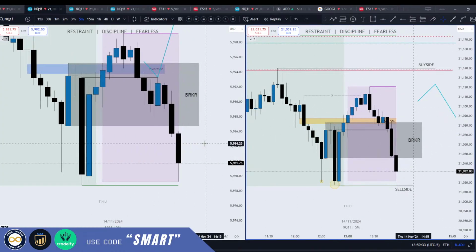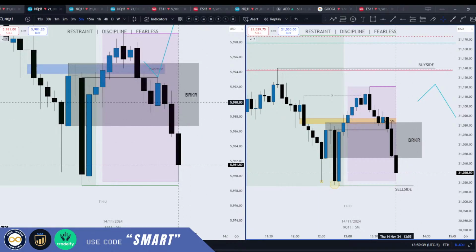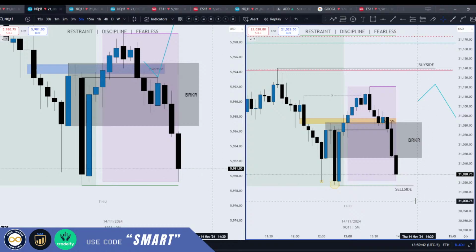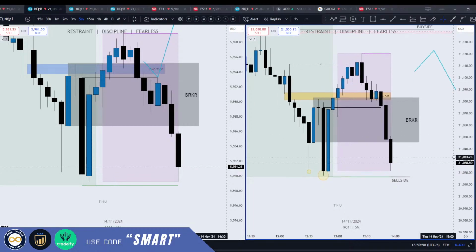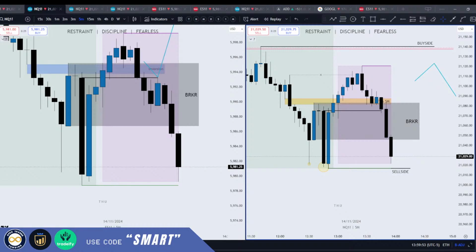That's what I mean when you want to know when to stay in the idea and when to get out of it. You need a system in place for that, somewhat discretionary and somewhat mechanical. But yeah, let's look for these lows.